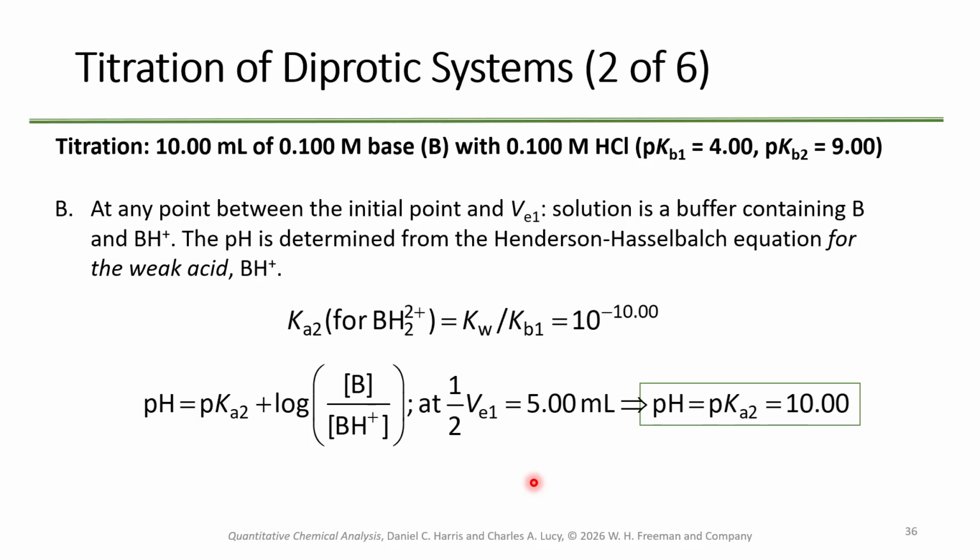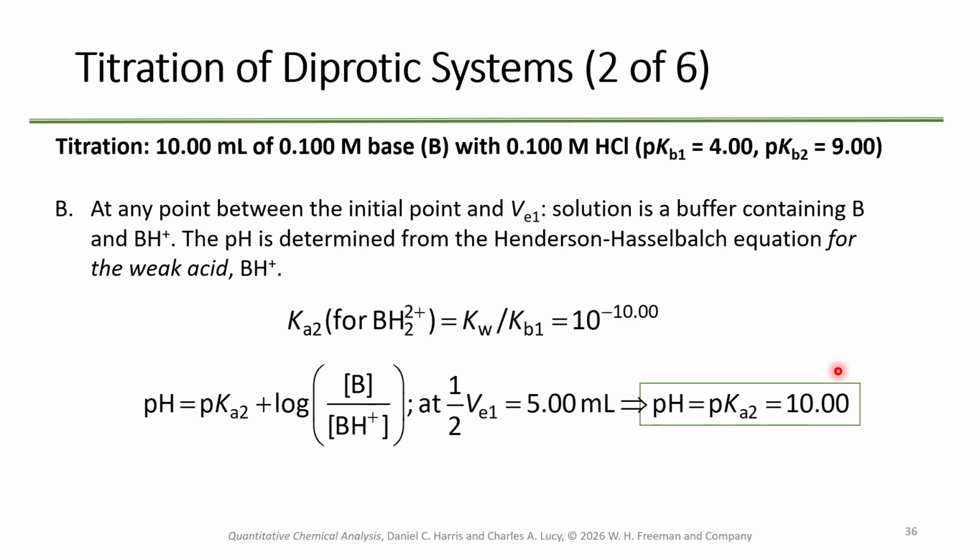The pH would equal the pKa, right? So if we take the pKa2, which is 14 minus 4 here, that would be 10. Okay? And so that right there would actually be the 50-50, where we're at the 1/2 VE.